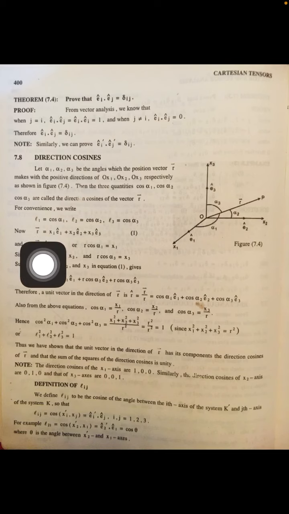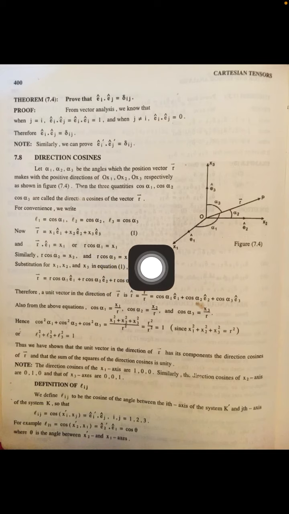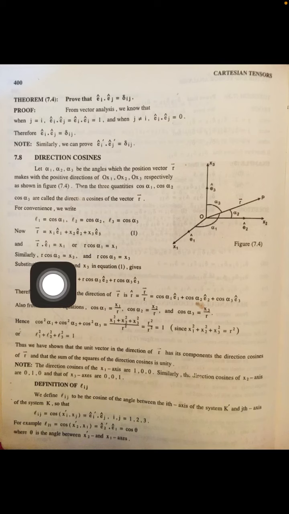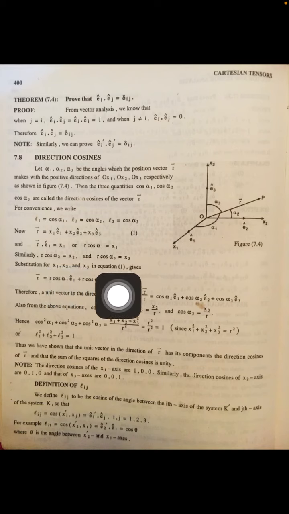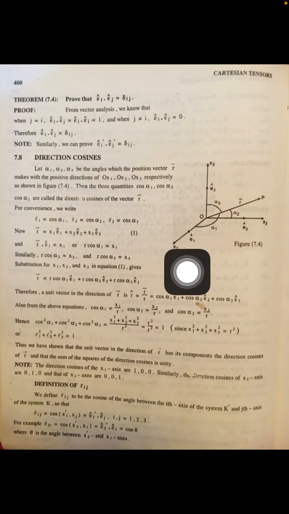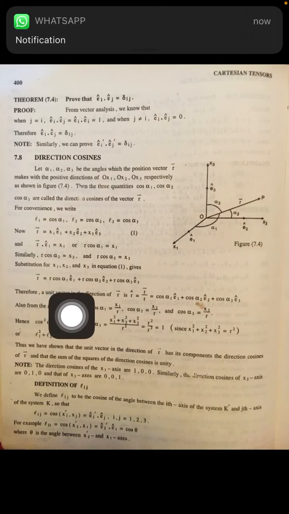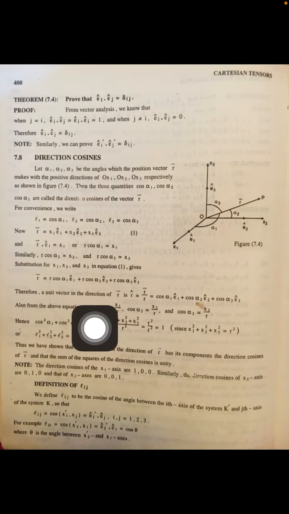Now taking the dot product of r with e1, we have x1, or I can say that r cos alpha 1 is equal to x1. Similarly, r cos alpha 2 equals x2, and r cos alpha 3 equals x3. Now substitute all these values in equation 1. So I have this equation, r equals r cos alpha 1 e1 plus r cos alpha 2 e2 plus r cos alpha 3 e3.